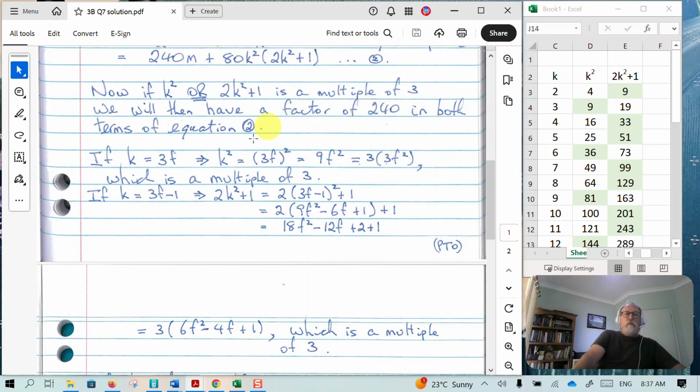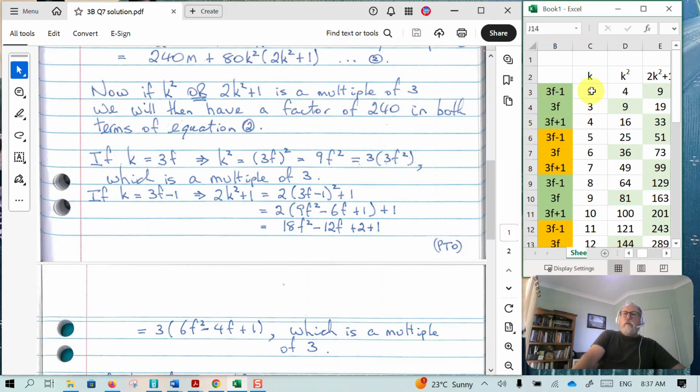Now that's not too bad because if I go back to here for a moment, you'll see that I'm looking down here at the values of k, and I'm trying to find a systematic way of representing those. So if k equals 3, well that's 3 times some integer, which I've called f.